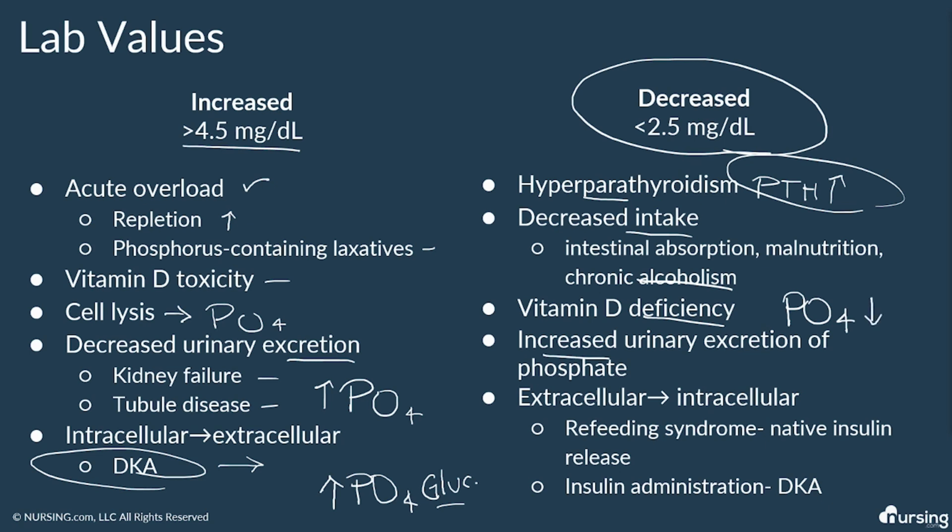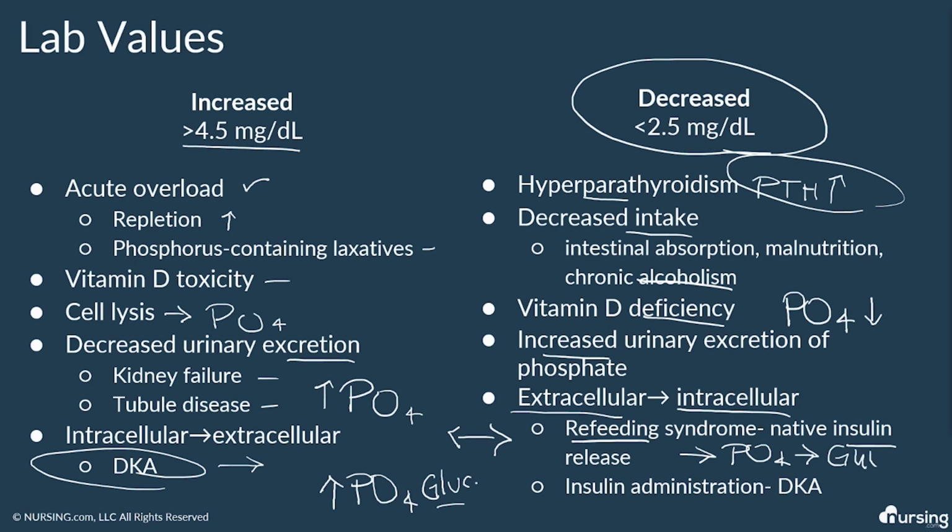And then the inverse of what we just talked about with the extracellular movement to intracellular is when someone is suffering from refeeding syndrome. So in refeeding syndrome, the patient all of a sudden has all of these nutrients and there's a large amount of insulin release, and the insulin drives the phosphate and glucose into the cell.